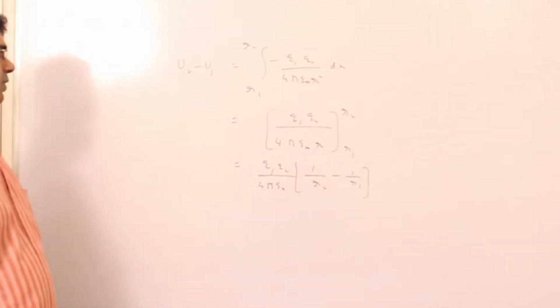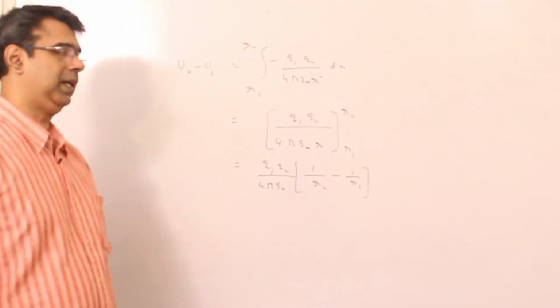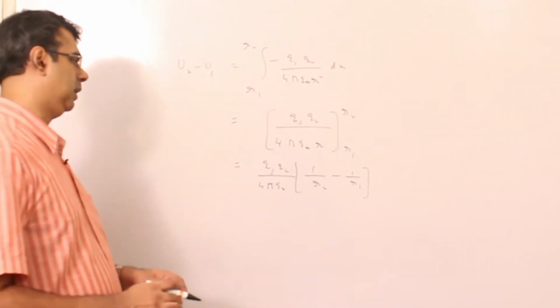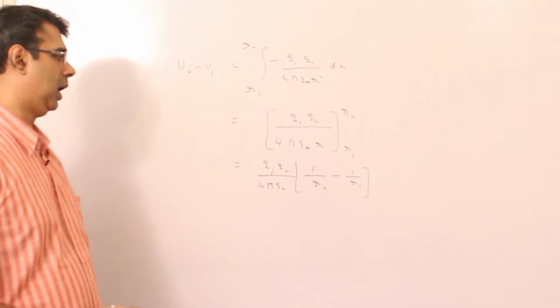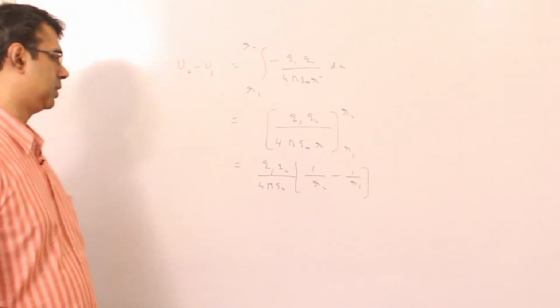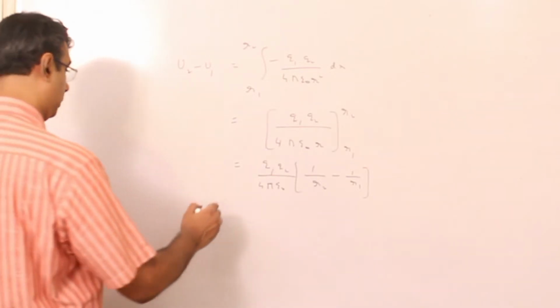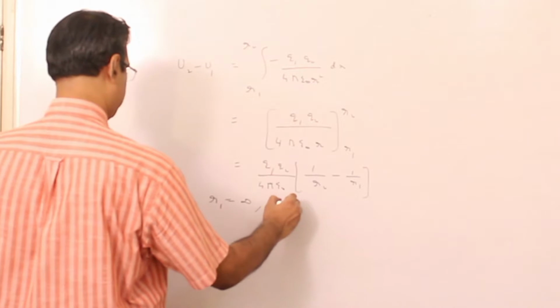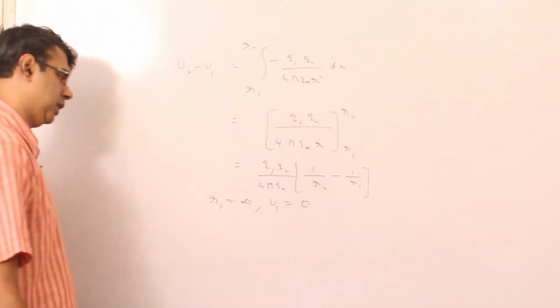Now at this stage we need to define the reference potential energy. It's pretty clear that when you put R1 equal to infinity, then this term vanishes. So the reference potential energy is R1 equal to infinity, U1 equal to 0.